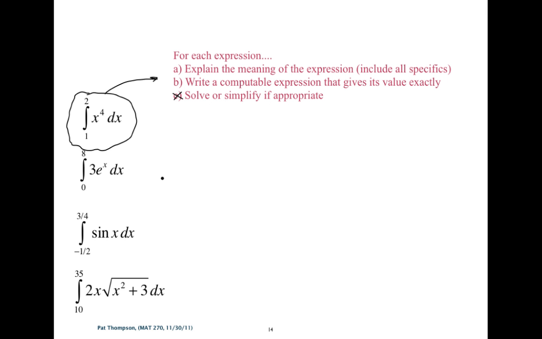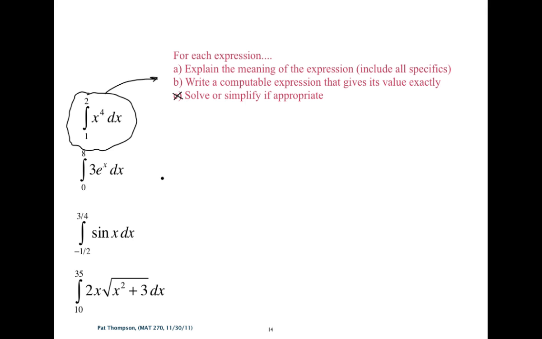Both are good, and very close. So what is that? That is the total change in some quantity as x changes from 1 to 2, when the rate is x to the 4th. It expresses the total change in some quantity as x changes from 1 to 2 when the rate function is x to the 4th.